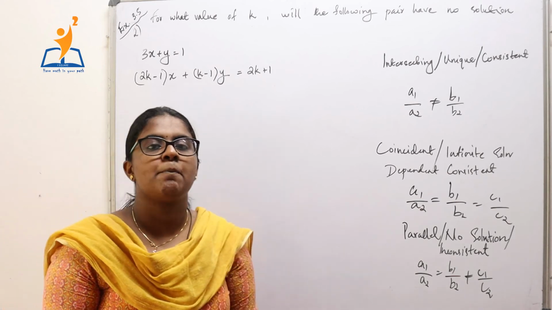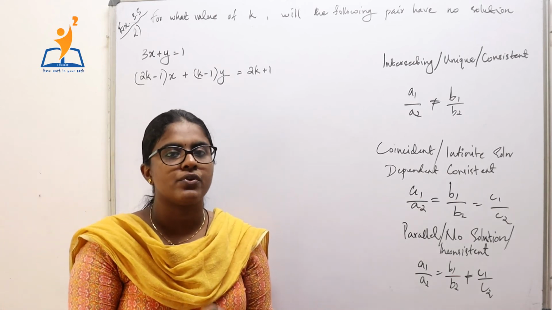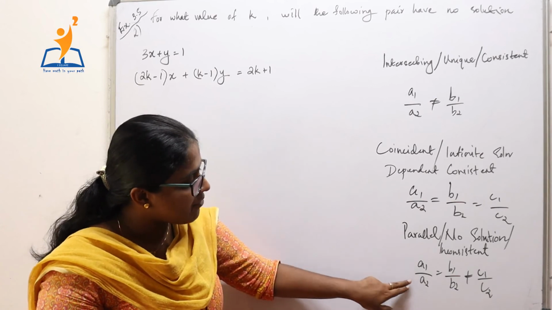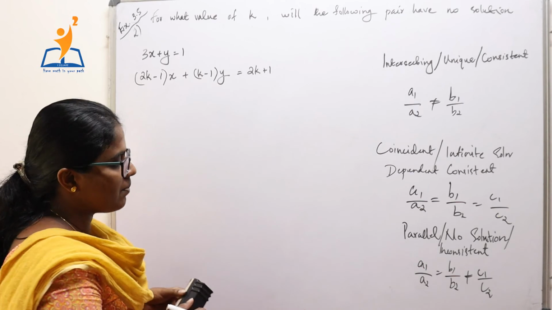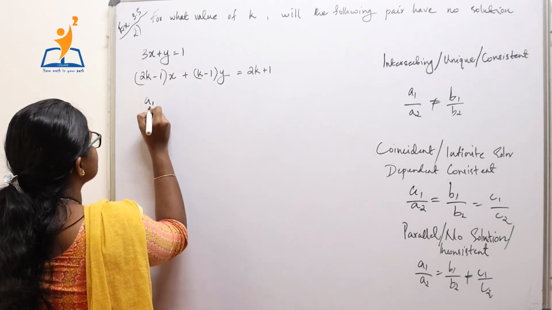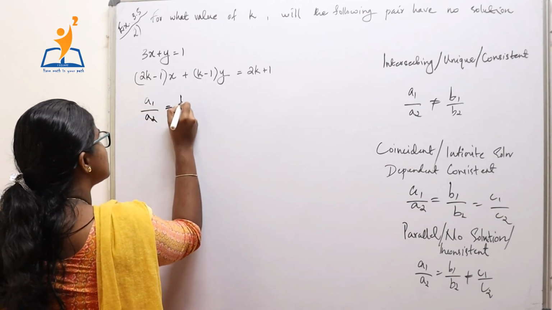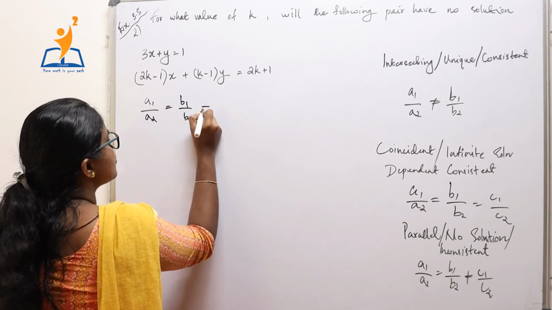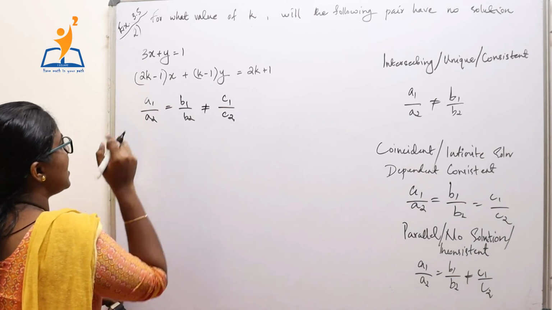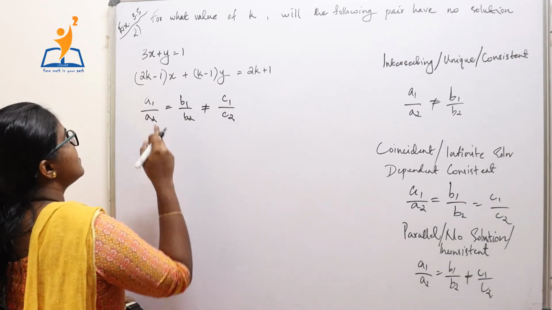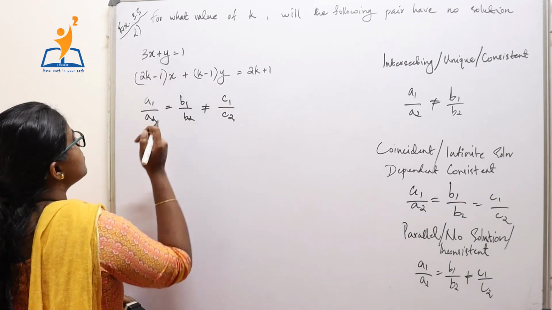We know that a pair of linear equations has no solution if a1 by a2 equals b1 by b2 and is not equal to c1 by c2. So we will write that condition: a1 by a2 equals b1 by b2, which should not be equal to c1 by c2. We can put in the values of a1, a2, b1, b2 and c1, c2. a1 is 3, a2 is 2k minus 1.